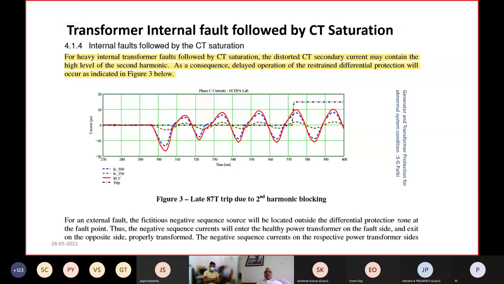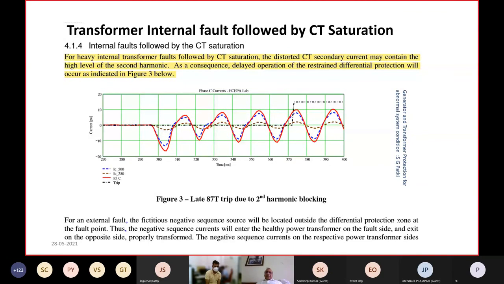The second phenomenon which can also result in some undesirable operation or non-operation is CT saturation, followed by an internal fault of the transformer. This was a real case study which we faced a few years back. It was a 220 kV to 33 kV transformer.